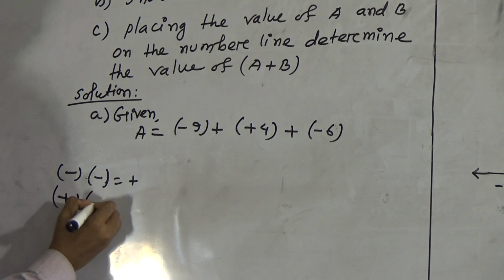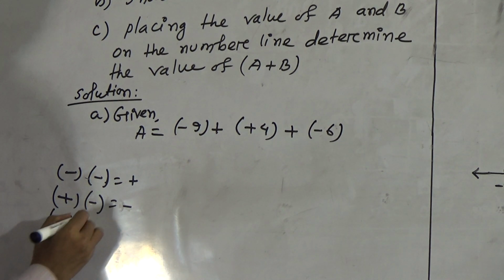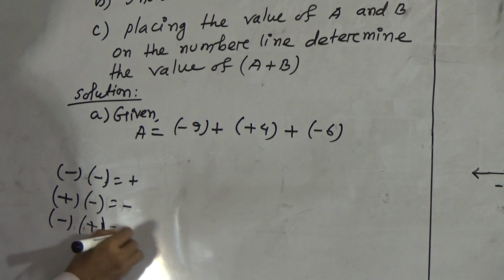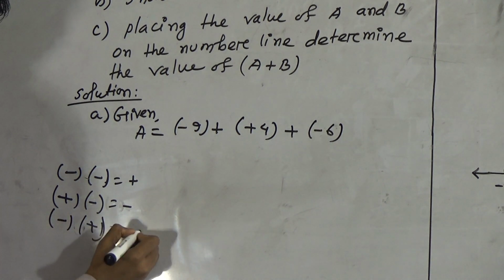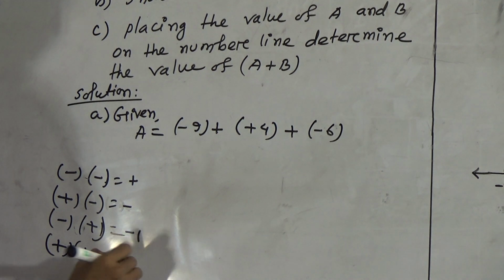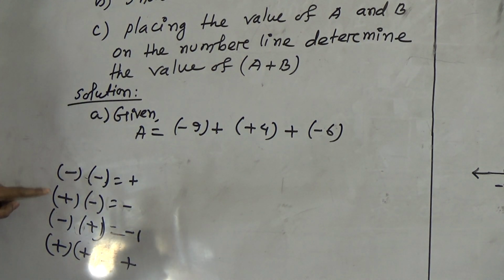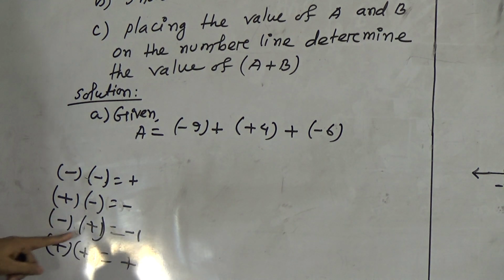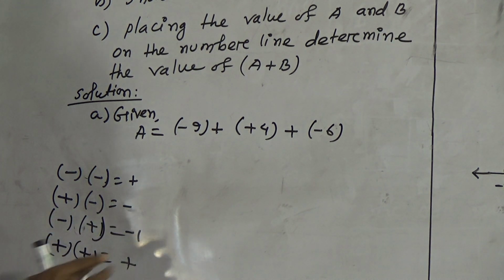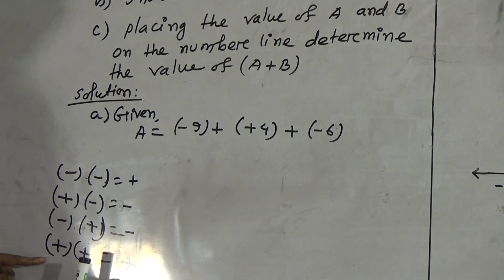Plus minus equal to what? Minus. Minus into plus equal to what? Minus. Plus and plus equal to what? Plus. Okay, look, minus and minus is plus, plus minus is minus, minus plus is minus, and plus plus is plus.